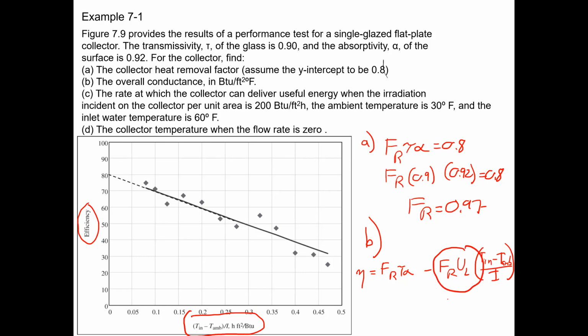This ends up becoming the slope. Figure out what the slope is by looking at the change in y over the change in x, and set that equal to the heat removal factor times the conductance. You should find that the conductance is 1.03 BTU per foot squared hour.